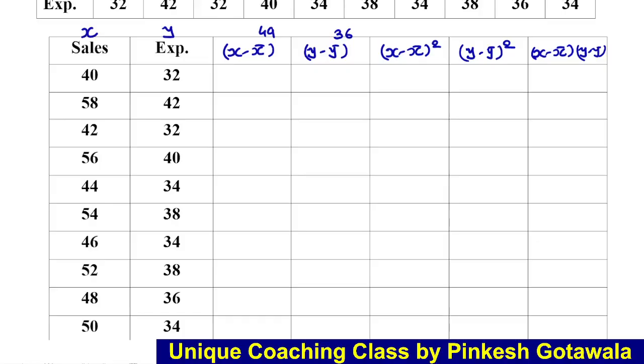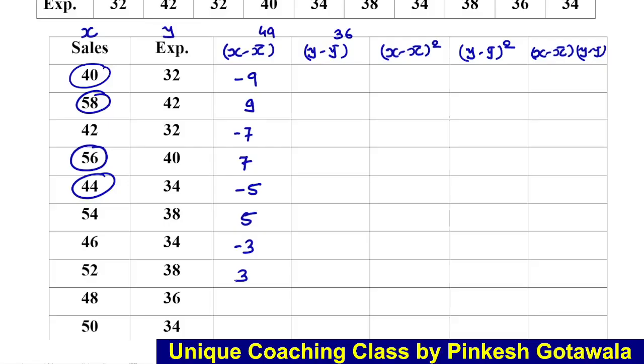So let's prepare this. X bar 49: 40 minus 49 is minus 9, 58 minus 49 is plus 9, 42 minus 49 is minus 7, 56 minus 49 plus 7, 44 minus 49 minus 5, here plus 5, 46 minus 49 minus 3, plus 3, minus 1 and plus 1.